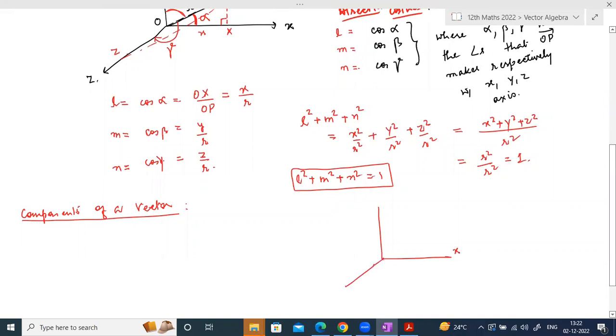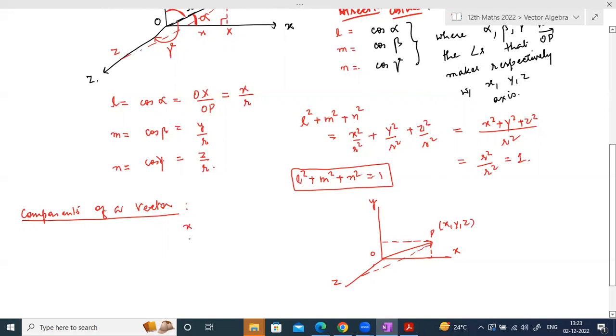Suppose this is x-axis, this is y-axis, and this is z-axis, and this is a vector OP whose coordinates are x, y, and z. So essentially, this vector has been broken down into three parts, three components, which are perpendicular to each other, right?